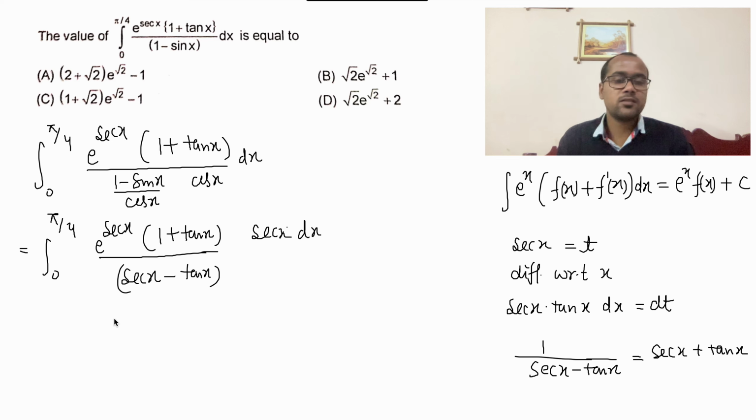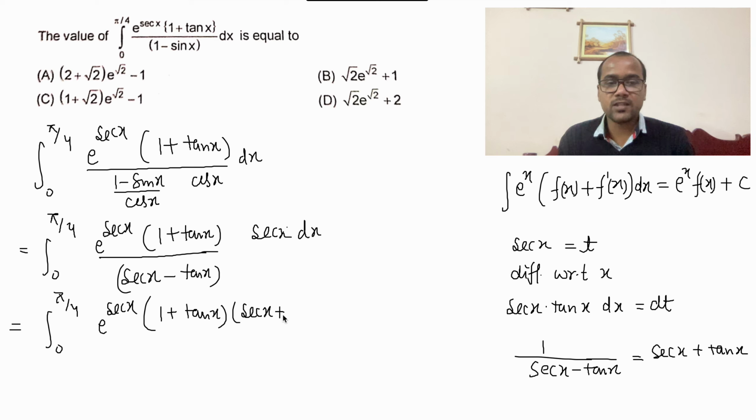So we'll use this. So here 0 to pi by 4 e to the power sec x into (1 plus tan x) into (sec x plus tan x) into sec x dx.